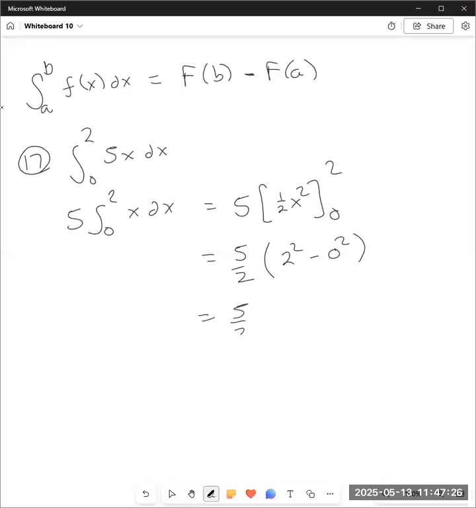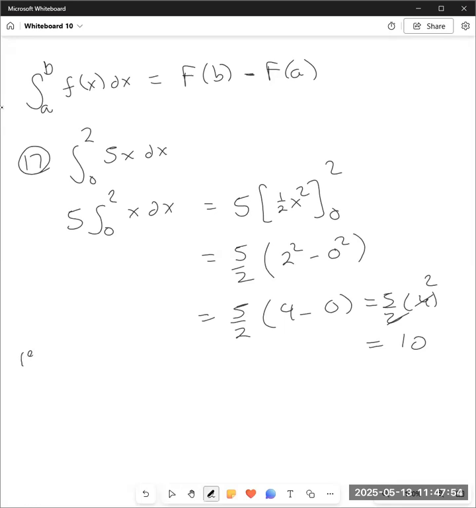That's 5/2 times 4 minus 0 is 5/2 of 4. 2 goes into 4 2 times, and 5 times 2 is 10. So the antiderivative of that function evaluated between 0 and 2 is 10.